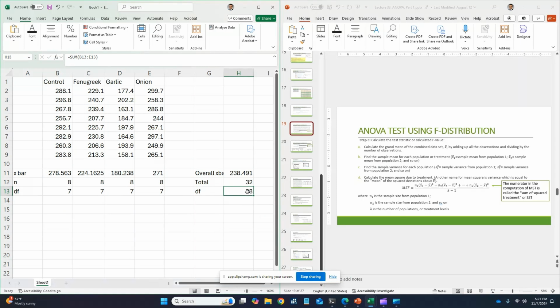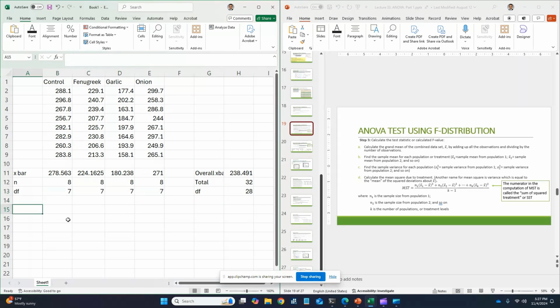That is n minus k, and k is our number of samples: 1, 2, 3, 4. So 32 minus 4 is 28. On the other hand, we also have n1 minus 1, n2 minus 1, n3 minus 1, n4 minus 1, and the sum of all the separate degrees of freedom is 28.